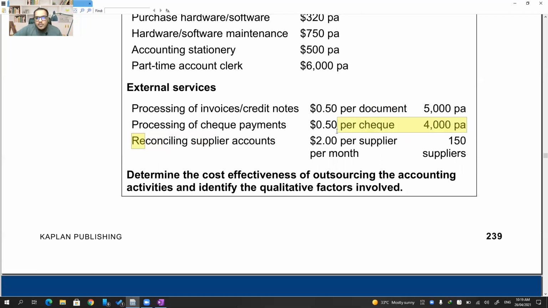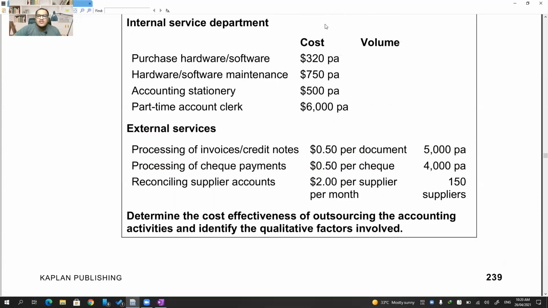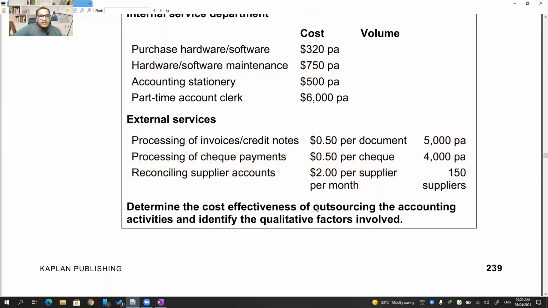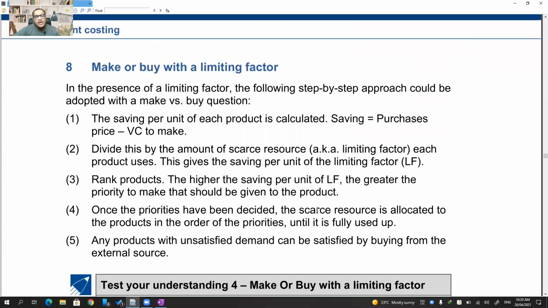And reconciling the supplier account will take 2 per supplier per month. 2 into 12 into 150 suppliers, that is 3600. Total will become 8100. So 7570 and this is 8100. So internally doing it is much better than going for external services. Done. Basic, simple questions these are. You don't need subject knowledge to do these kinds of questions.